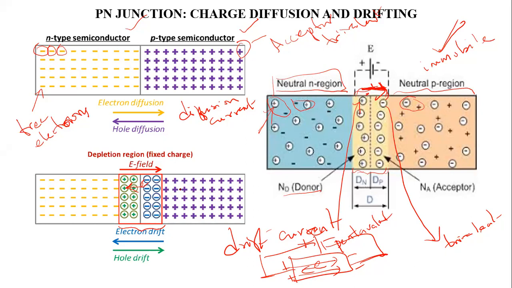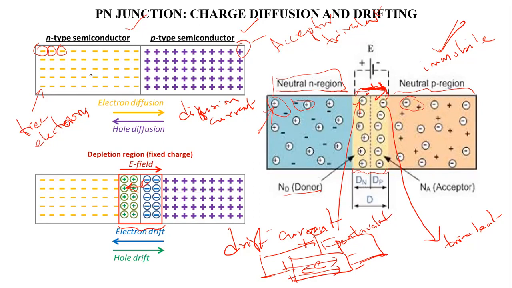Okay, so when equilibrium is attained, let me repeat, the drift current and diffusion current will nullify each other. As you see in this depletion region, the drift current and the diffusion current are in opposite direction.